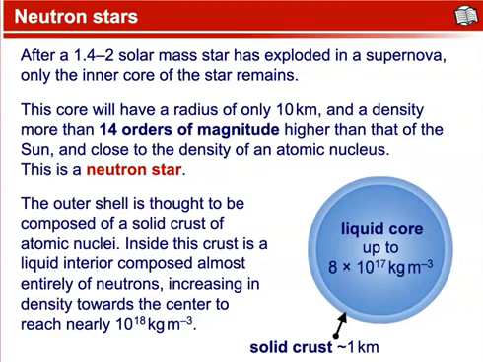Some neutron stars rotate, emitting two beams of radiation in opposite directions. If the path of these beams crosses the Earth, the star can be observed as a regular pulse of radiation. When the first of these regular pulses was observed in 1967, its origin was unknown and it was dubbed LGM-1, Little Green Man.